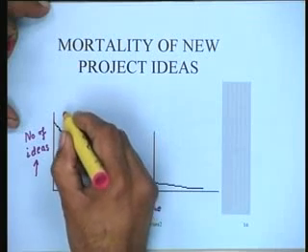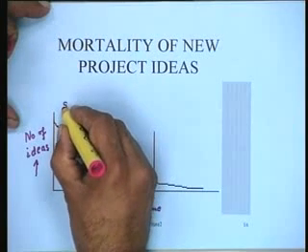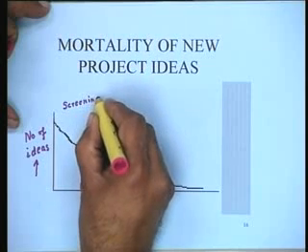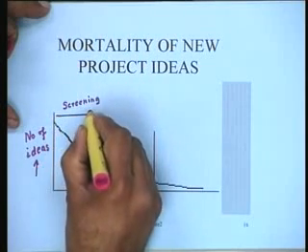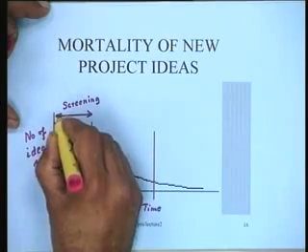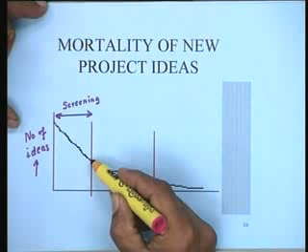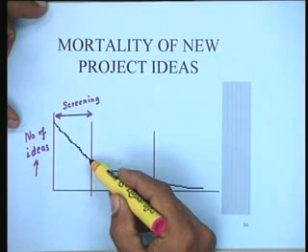These ideas are now subjected to a process of screening. And during this screening, which goes on from here to here, let us say, you have screened the ideas and roughly half to 1/3 of the ideas are left.